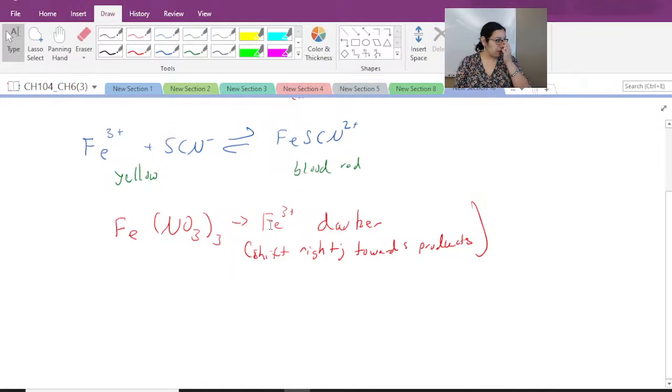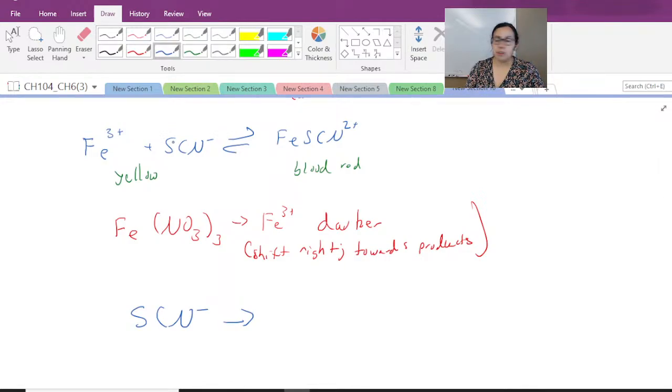And so what about the next thing? It told you to add more thiocyanate to it. What do we expect to happen from Le Chatelier's principle? What do we predict just based upon this reaction?